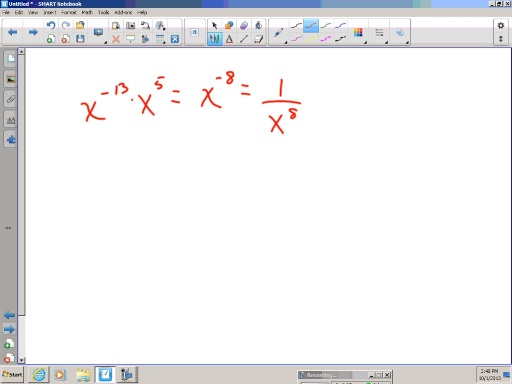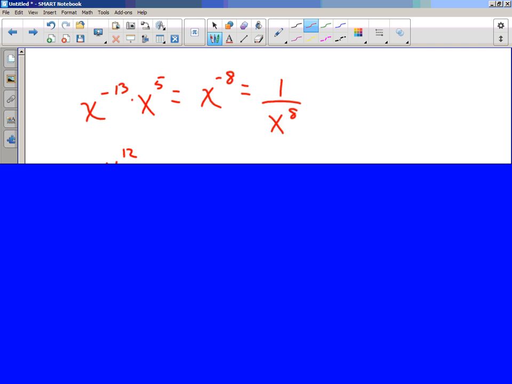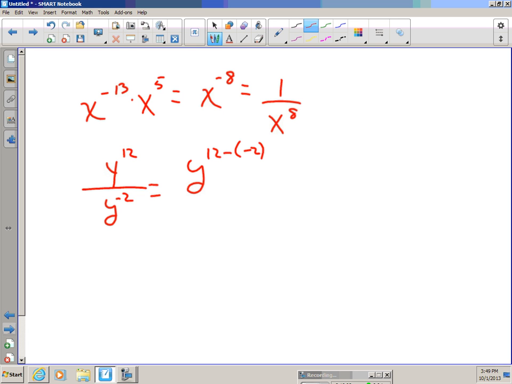Now, my quotient rule, if I had y to the 12th over y to the negative second, I could deal with this one of two ways. The quotient rule tells me to subtract. Well, that's 12 minus a negative 2, which students commonly make a mistake and write this as 12 minus 2, which is y to the 14th.